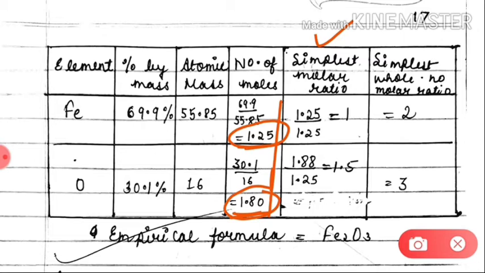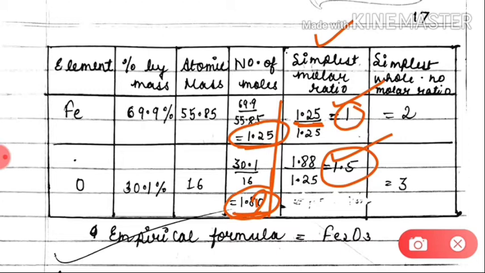So we divide by 1.25, 1.88 divided by 1.25, and it comes 1.5, and 1. So this is the molar ratio. Here it comes 1 and here it comes 1.5.